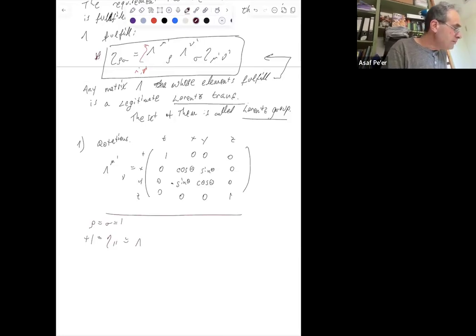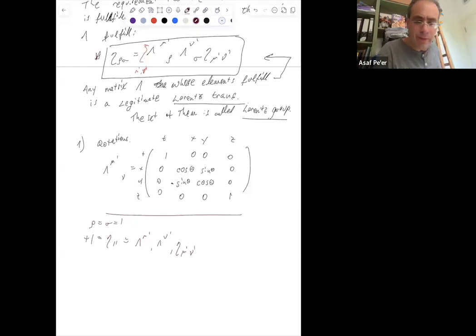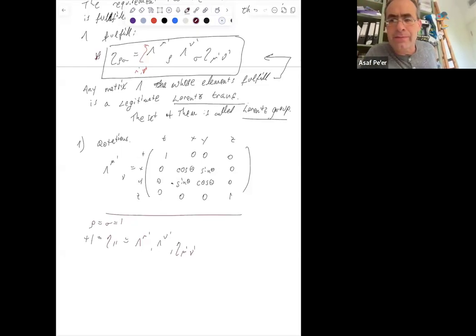So +1 is equal to what? Lambda mu prime 1, lambda nu prime 1, eta mu prime nu prime. First of all, because of the eta mu prime nu prime, it's 0 if it's off diagonal.